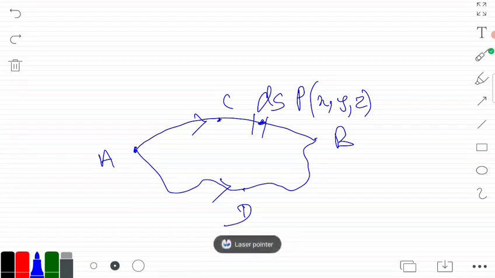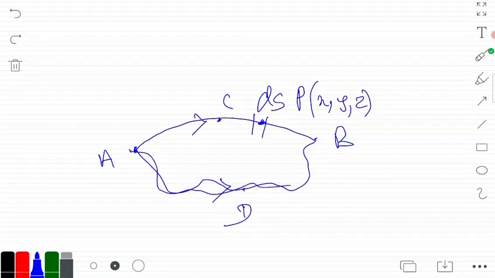Depending on that, these paths may vary.